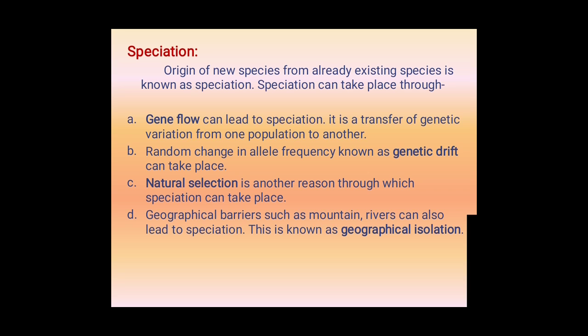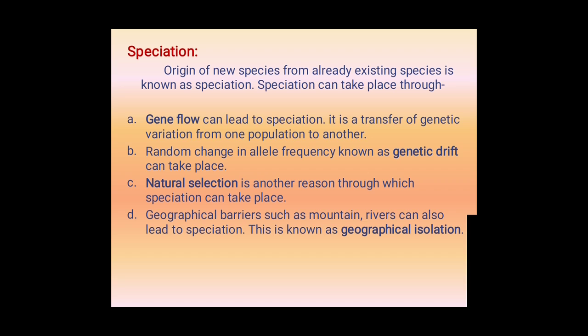That is one of the methods. Next, the second one, random change in allele frequency, known as genetic drift. See here, sudden heritable changes in the chromosomes or in the alleles. Here allele refers to the genes. Changes in the genes also lead to the formation of new species, that is called genetic drift here.